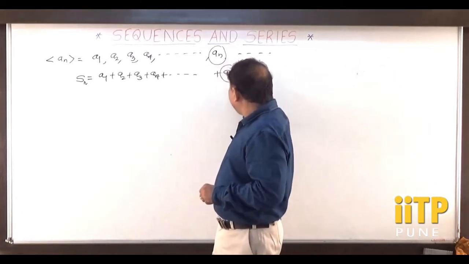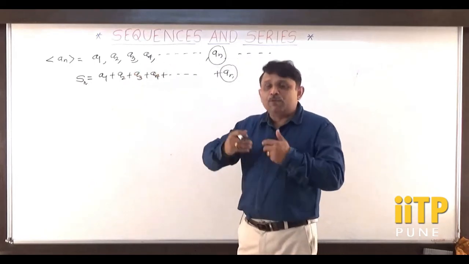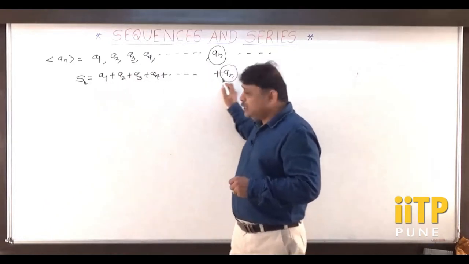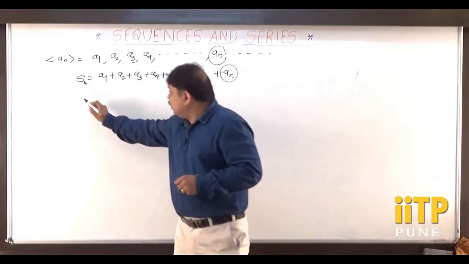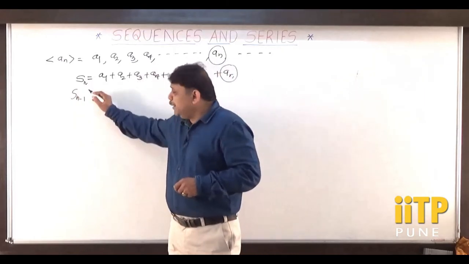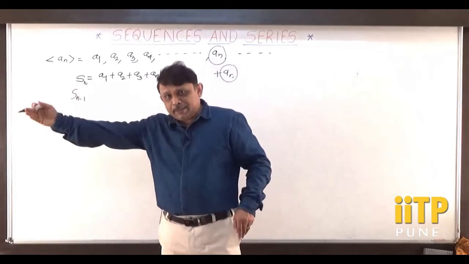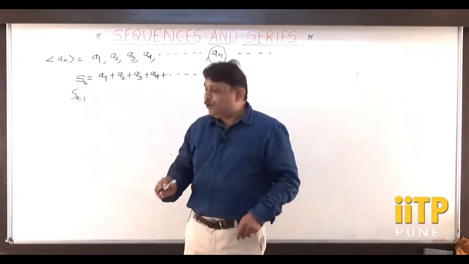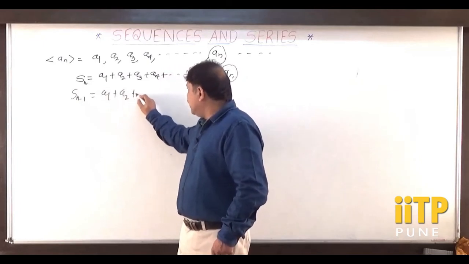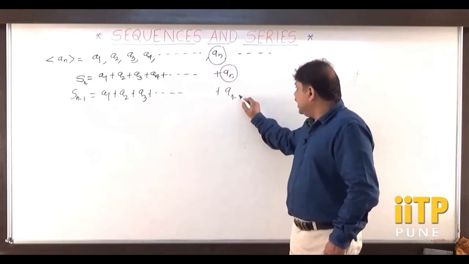I want to find an, to write the sequence by putting n equal to 1, 2, 3, etc. up to n. So Sn is given to us. What is Sn minus 1? Sn means the sum from the first term till the nth term. So Sn minus 1 would be the sum a1 plus a2 plus a3 plus dot dot dot plus a(n-1).